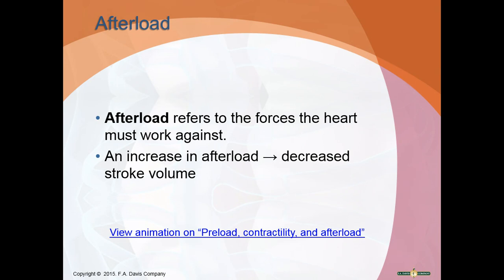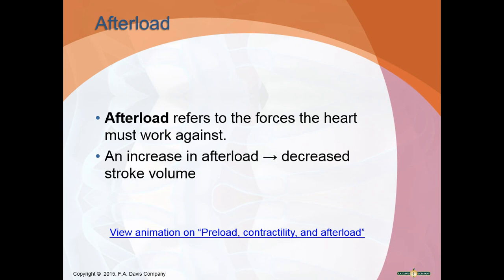So afterload refers to those forces the heart must work against. So an increase in afterload decreases the stroke volume. The heart must work against the pressure of the blood in the arteries.